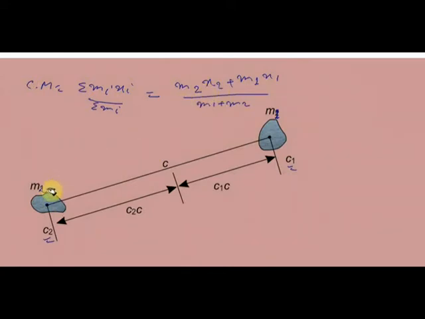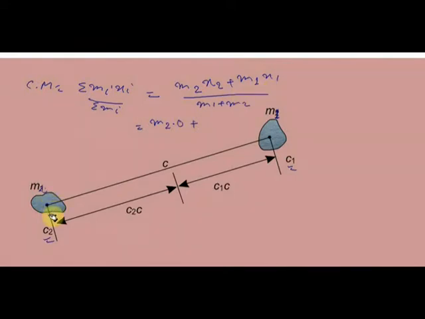Now x2 is the distance of center of mass of m2 from the origin of our frame of reference. Since the origin is at C2, x2 will be 0. So this will be m2 into 0 plus m1 into x1. x1 is the distance of center of mass of m1 from the origin.